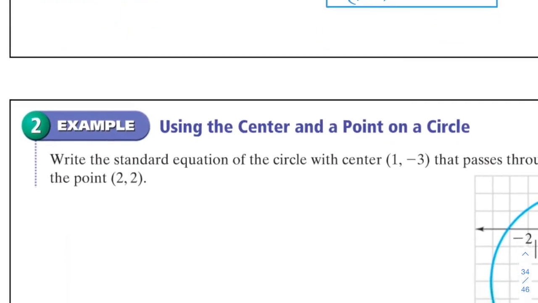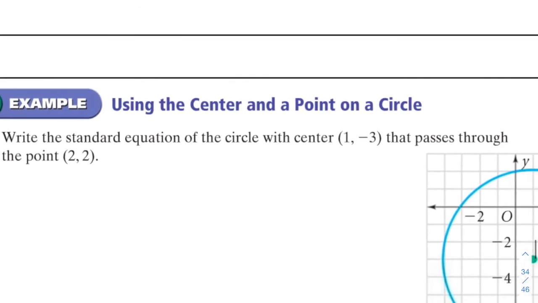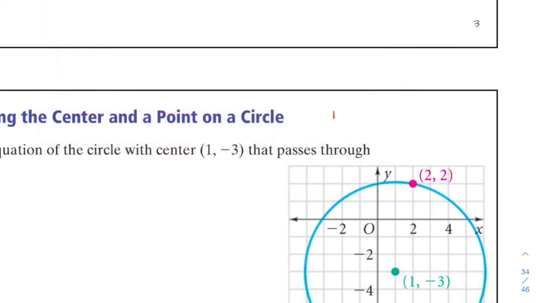All right. Write the standard equation of a circle with center (1, negative 3) that passes through the point. They don't give me a radius, so what is my radius? I don't know what my radius is. So I need to find my radius, right? That's step 1. I already know my center, so here's my h and here's my k.